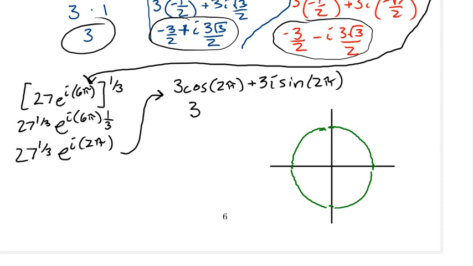Of course 3 is right here. But then this one, negative 3 halves, and then 3 root 3 over 2, that's going to be right here at 2 pi over 3. And this one's going to be down at 4 pi over 3. And so they're equidistant apart from one another. That's kind of interesting. But they're all on the circle of radius 3, since 27 to the 1/3 is equal to 3.